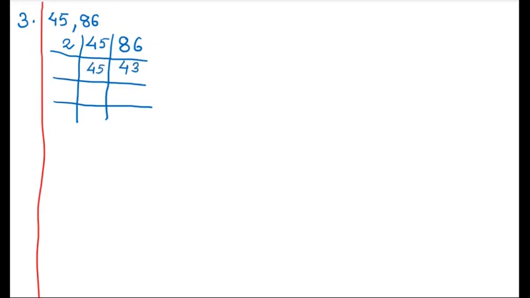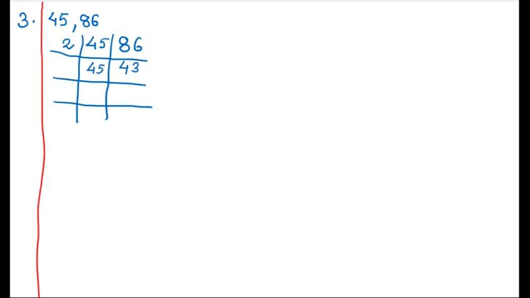Now if you see, 43 is a prime number, which is divisible by 1 and by itself, so we will keep it as it is. Now we'll look at the other number, that is 45. If you add the digits of this number, 4 plus 5 is 9. 9 is divisible by the prime number 3, and thus 45 is also divisible by 3.